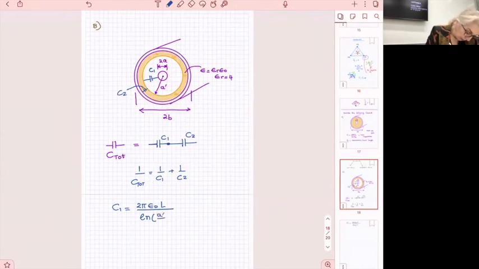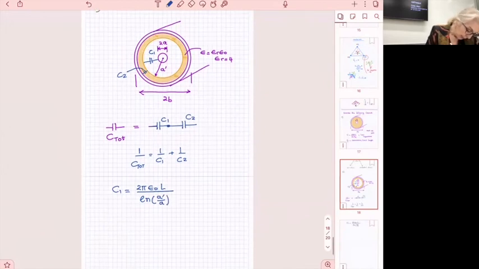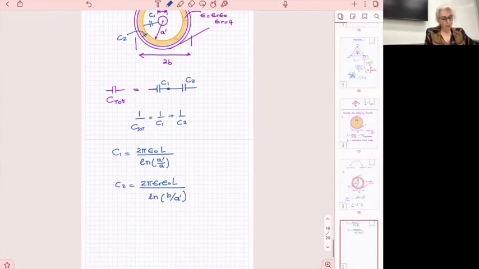The smaller dimension is going to be A. And C2 will be 2 pi epsilon r epsilon naught L over ln of B over A prime. You compute these two, and then you find the series combination. Is that clear?